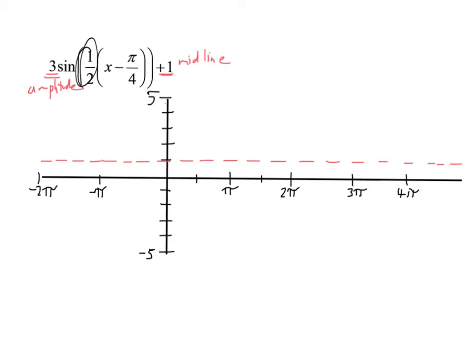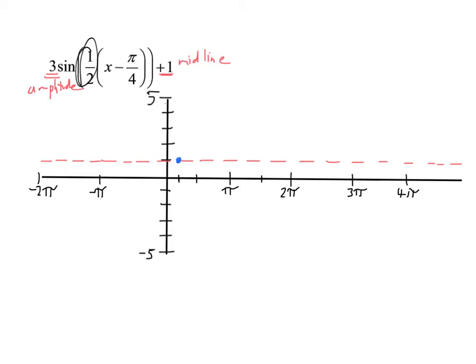But I need a home base right now, and that's going to be pi/4. So if that's pi, there's pi/2, pi/4 is going to be right there. And at that point, because it's a sine function, and sine of 0 gives you no elevation, that's going to be located right smack dab on the midline, and that's where we're going to begin.